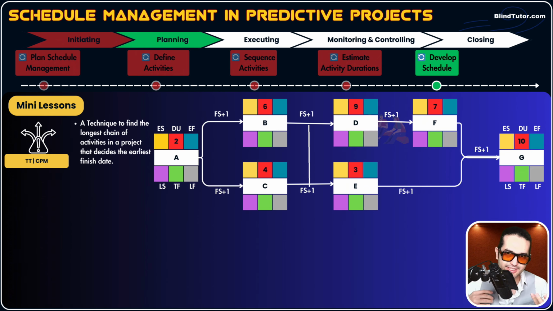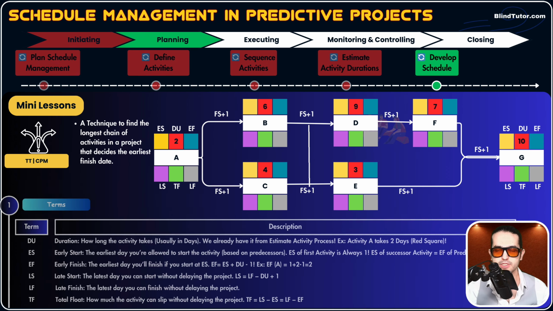So to do CPM, we need SND. And here is our SND from our previous processes. And remember, we updated our SND in the estimate activity duration process with the duration of each activity. That red square.